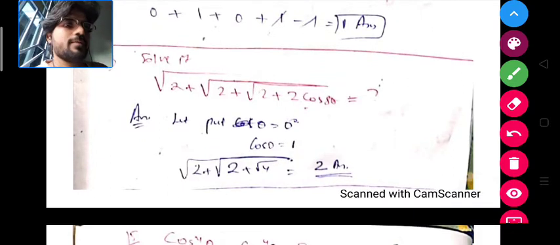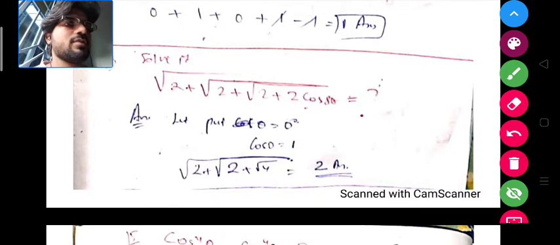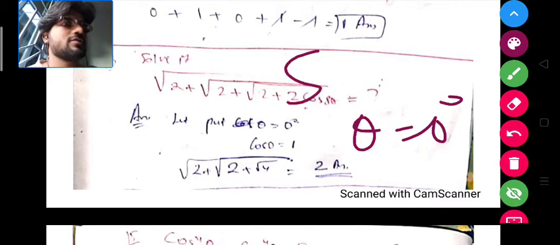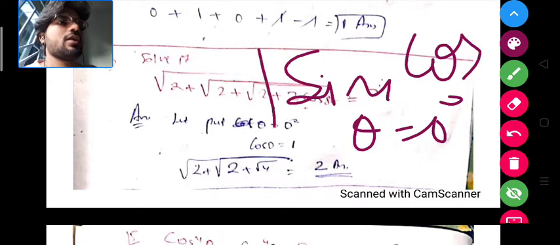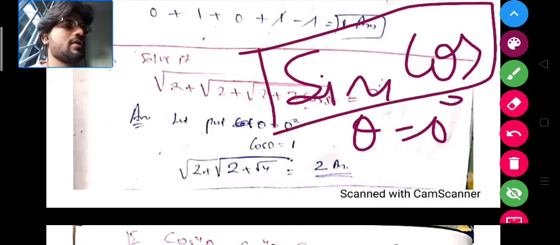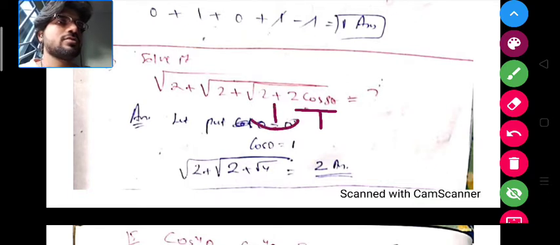Solve it: 2 plus root 2 plus root 2 plus root 2. In the case of sine and cos theta, you can either solve it or you can simply put theta is equal to 0 degree. For sine and cos functions, you can put theta is equal to 0 degree without any doubt. Then cos 0 is equal to 1, so 2 plus 2 is 4. 4 under root becomes 2.